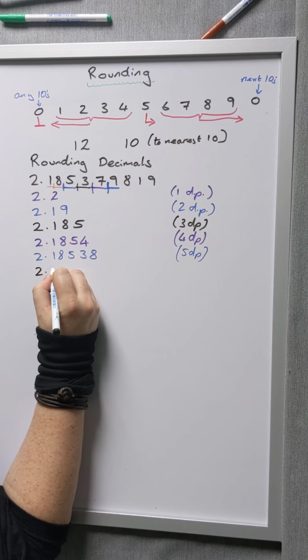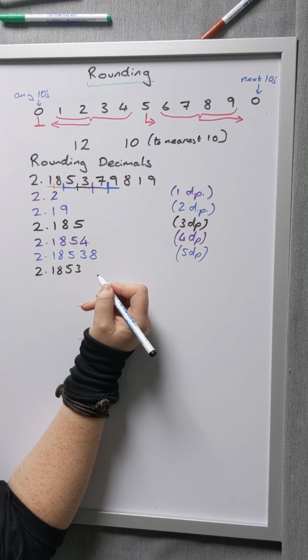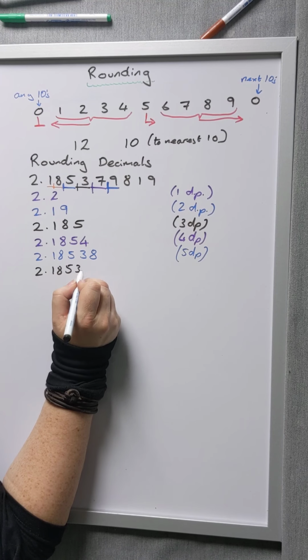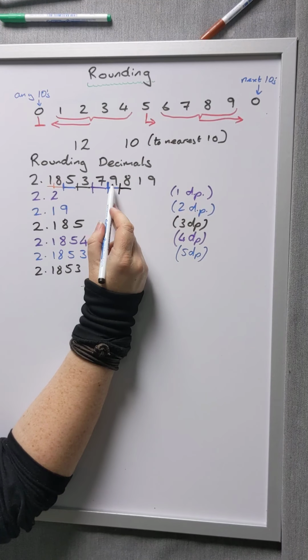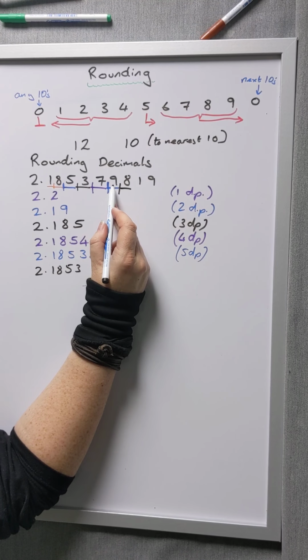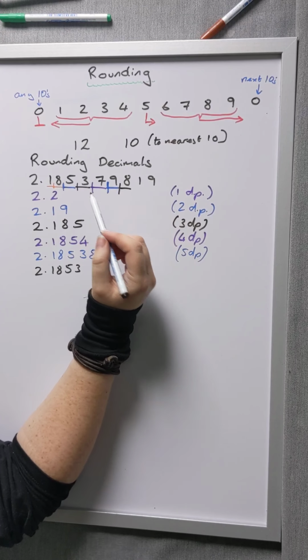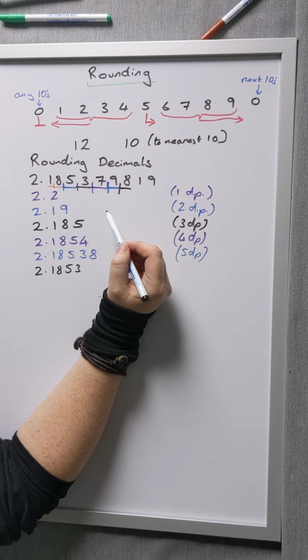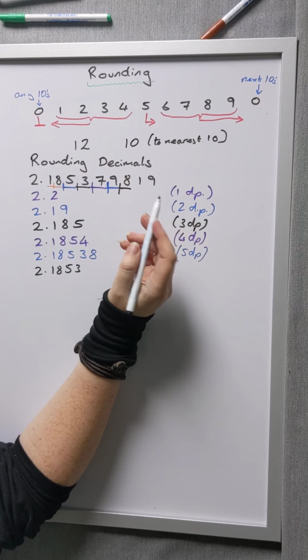And we carry on, 2.1853 now. I'm not going to write the 7 here just now because we've got a 9, and 9s can be tricky. So I'm going to work out what happens to this next bit before I write it. So if you see a 9, be wary.